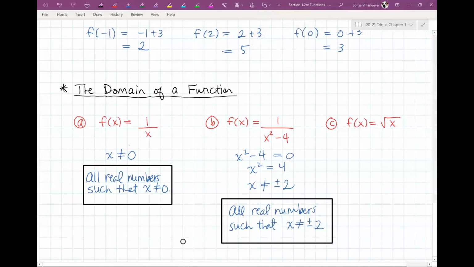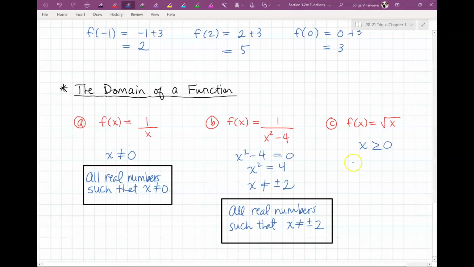Okay, and for the last one, we see it's not a fraction. It's actually a square root, and based on what we know about square roots, the number inside of a square root can be anything except a negative number. So x can't be negative, so that means x must be greater than 0, right? Well, I guess greater than or equal to 0.